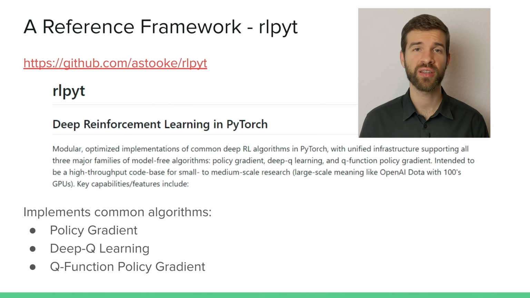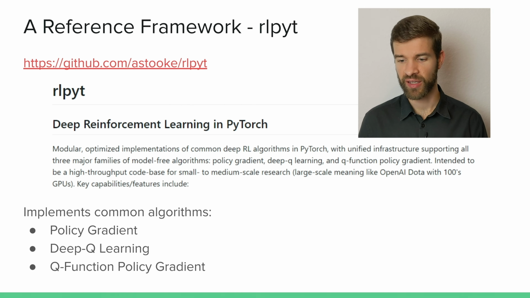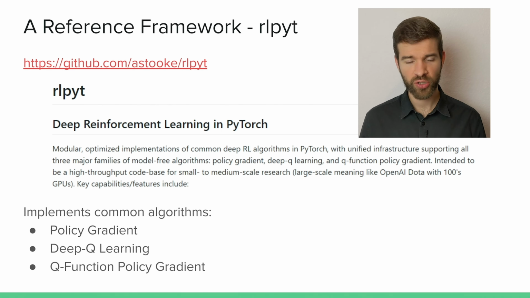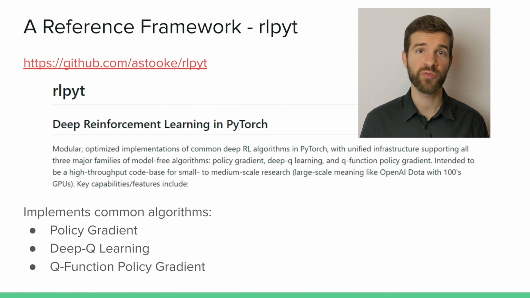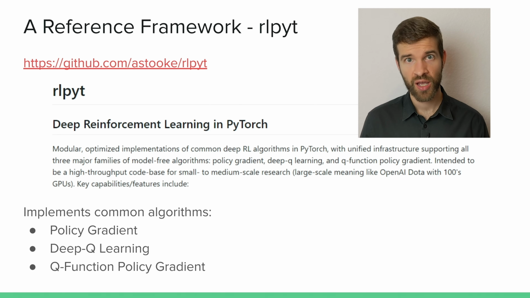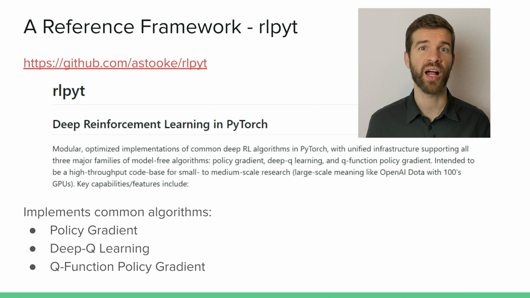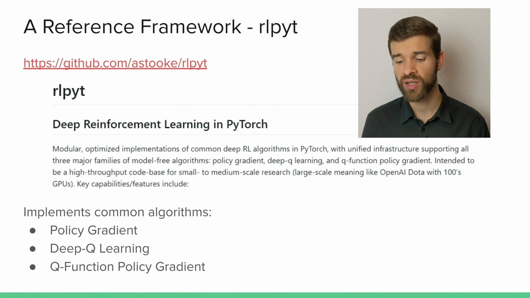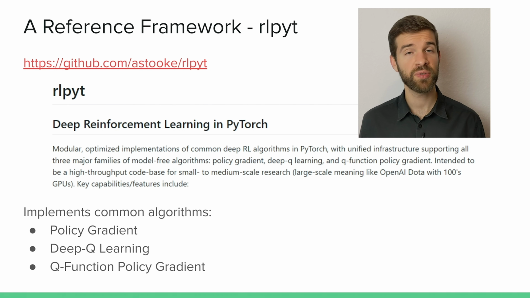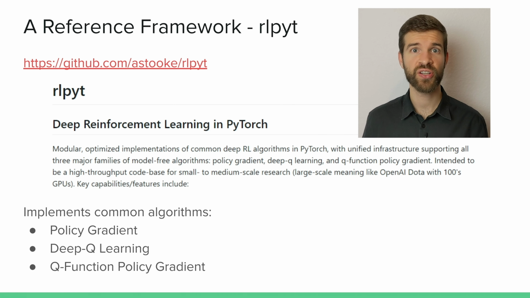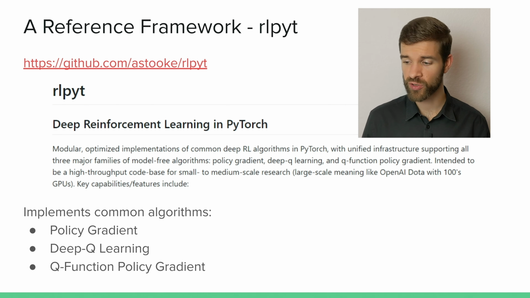Another reference framework that I find particularly useful for reinforcement learning is RLPyT, which is a modular implementation for deep reinforcement learning in PyTorch. You can play around because they already implemented many of the algorithms that are really popular here, like policy gradient or deep Q-learning that we've seen before, and a lot of other algorithms that belong to this family of reinforcement learning.